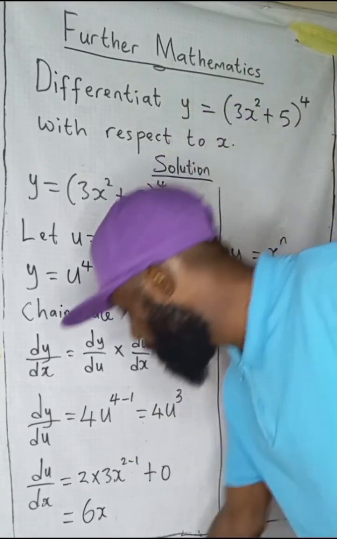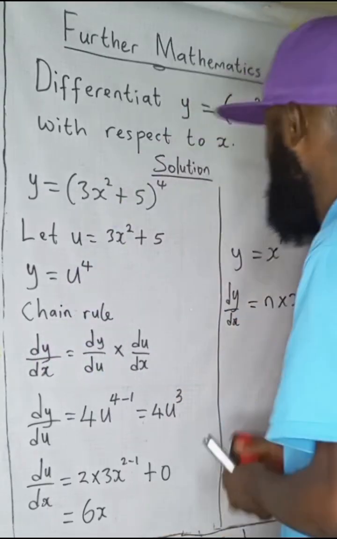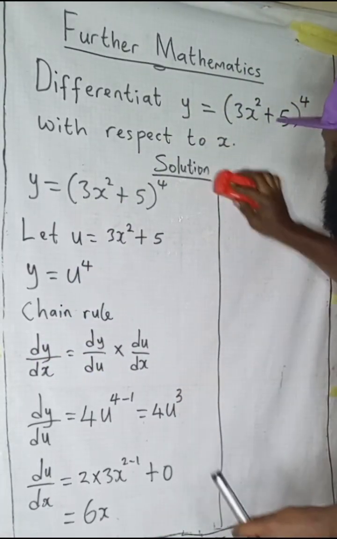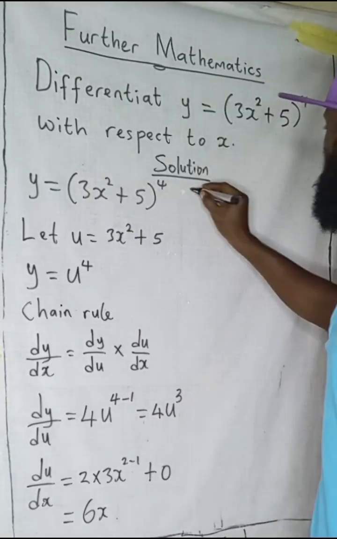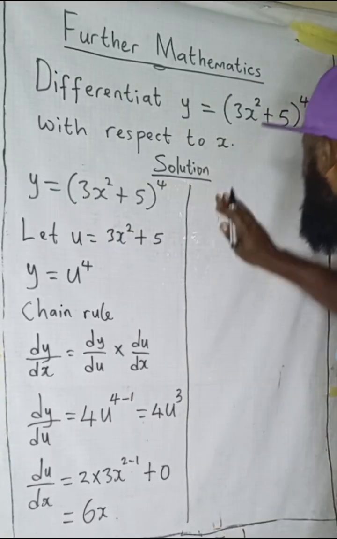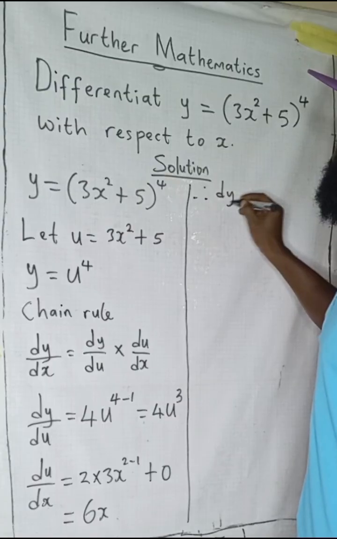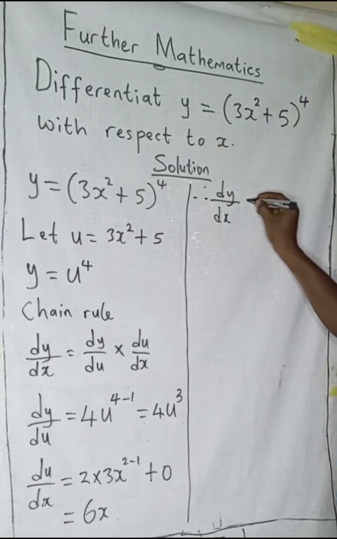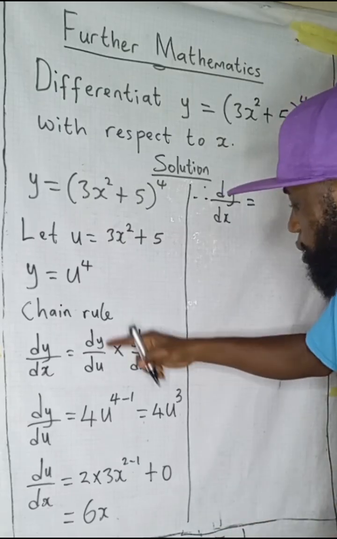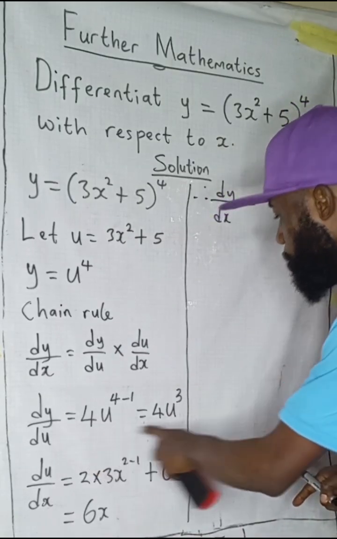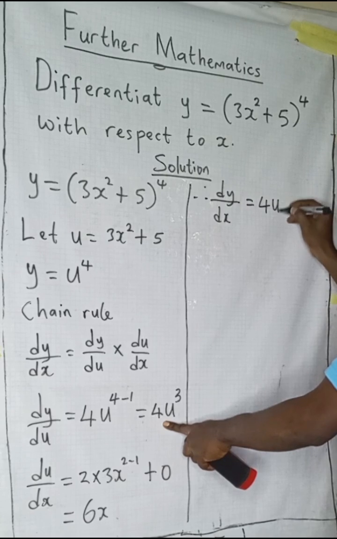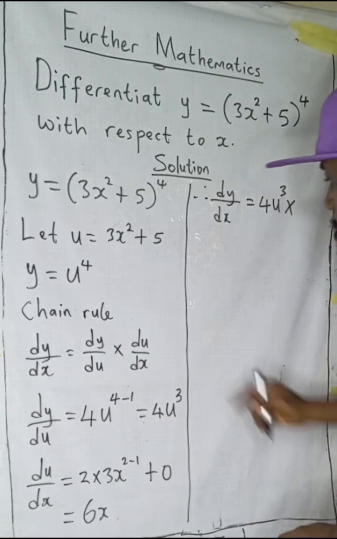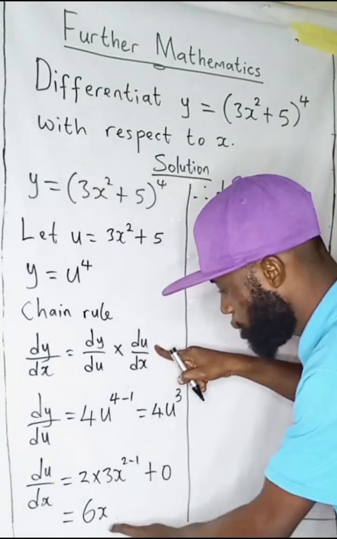Good. So now we have found dy/du and du/dx, we can now find dy/dx. Therefore, dy/dx will be equal to dy/du, which is 4u to the power 3, times du/dx, which is 6x.